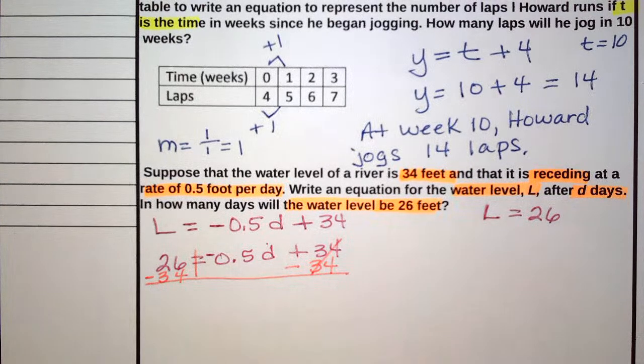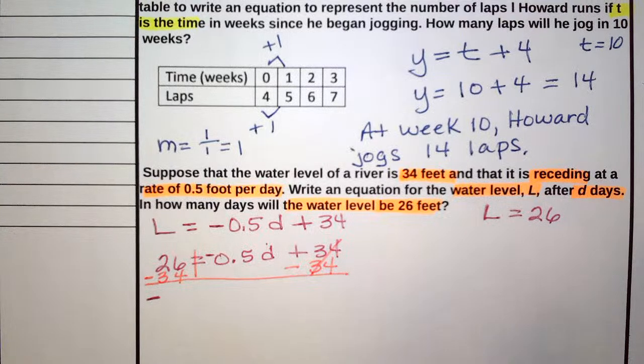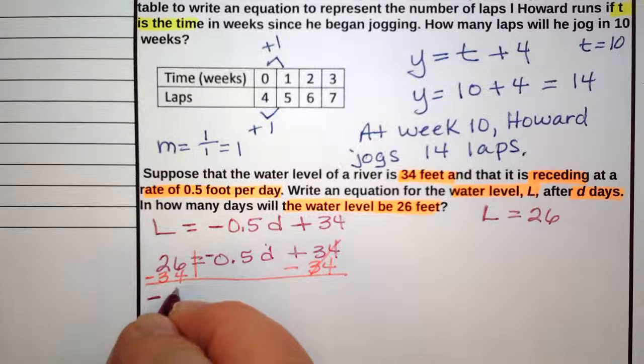Now, 26 is smaller than 34, so I know that this is going to be a negative number. 34 minus 26 will be 8.